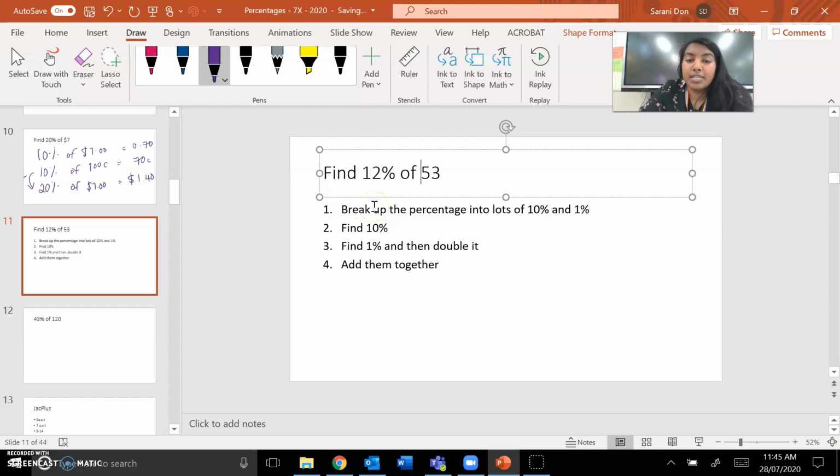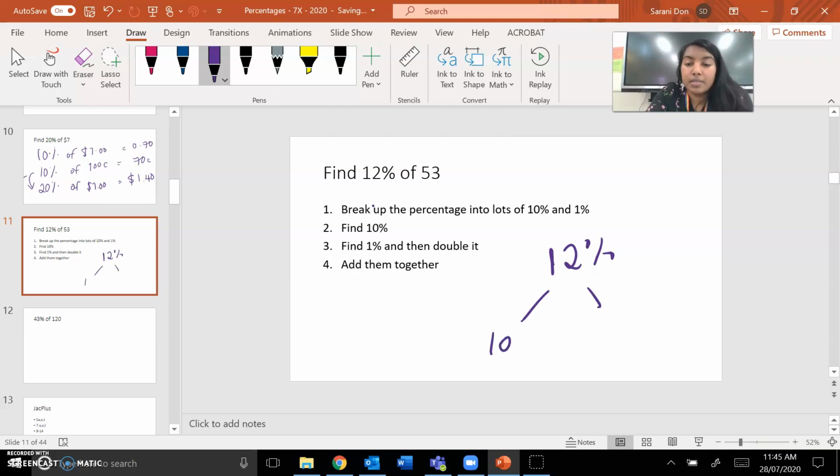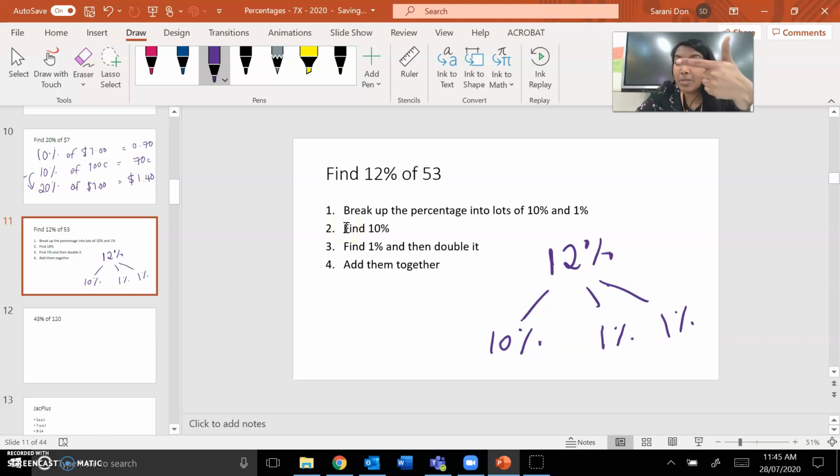What you do is that 12%, we're going to break it up into 10% and 2 1%, because we can find the 10% easily and we can find a 1% really easily. So you find the 10%, then you find the 1%, and you double it because we've got 2 of them, and then you add them together. So I'm going to do the question on the next page.